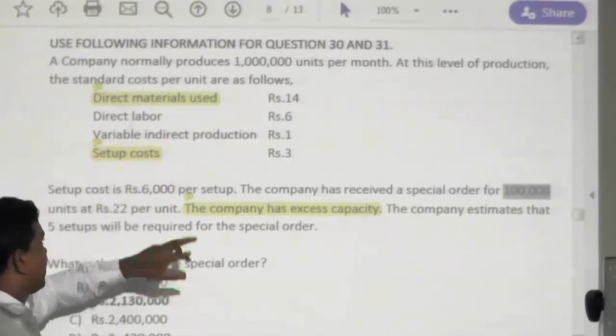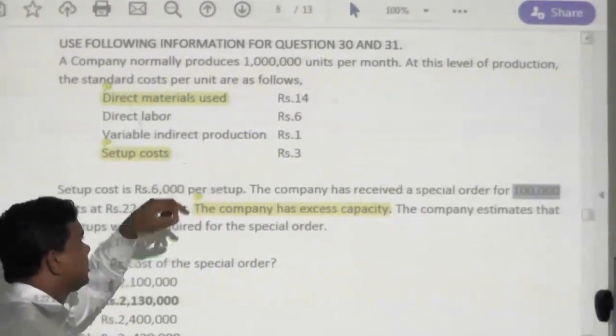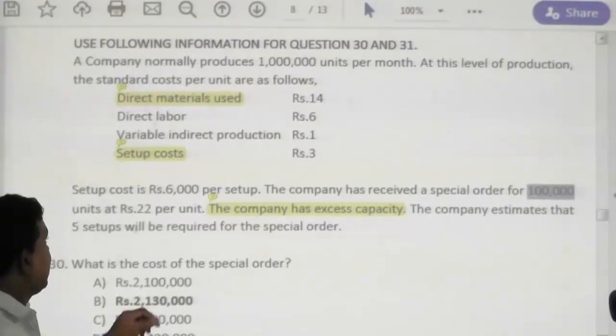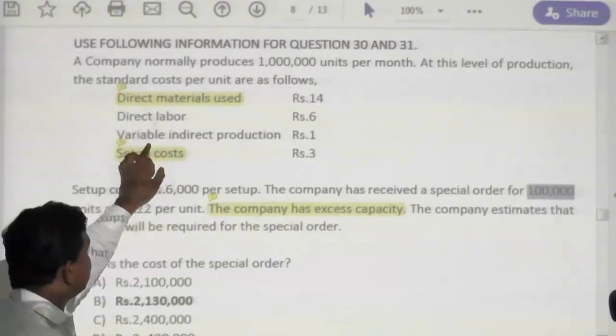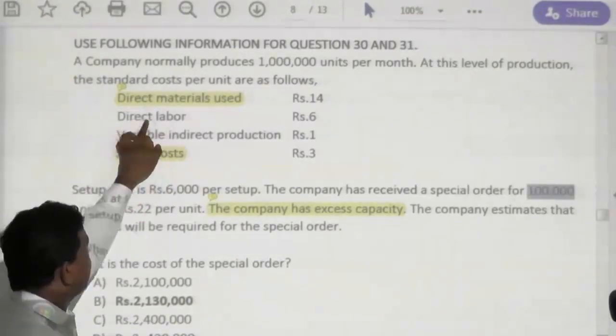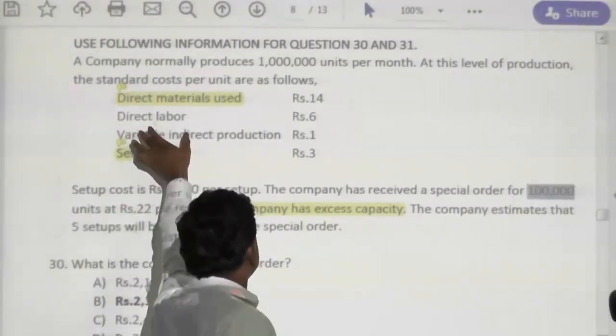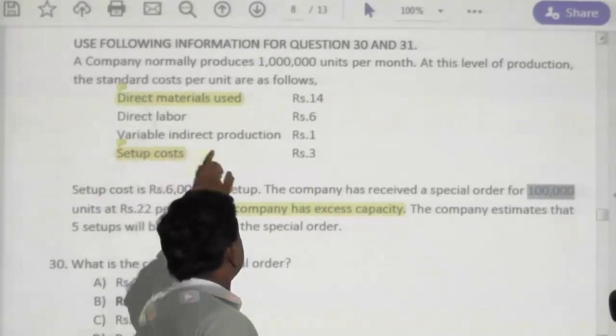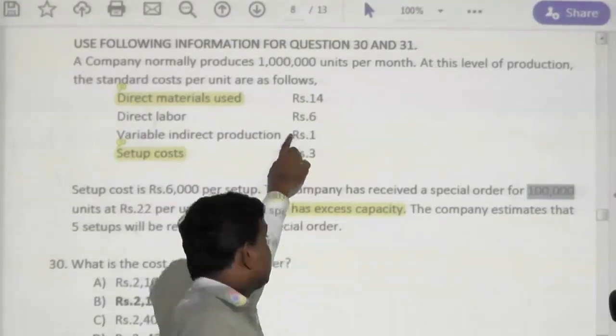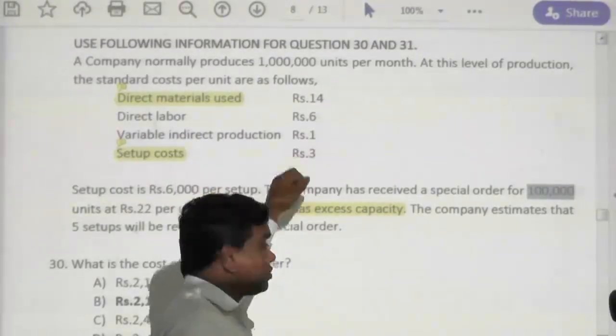Variable indirect production. Now indirect production may be the overhead. Now this overhead comes with a special wording called variable. That means it can be considered as a variable cost. Why?